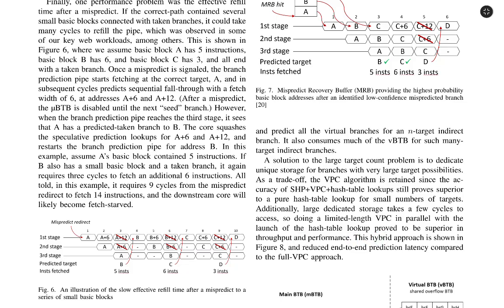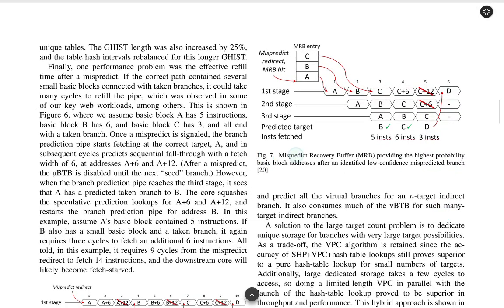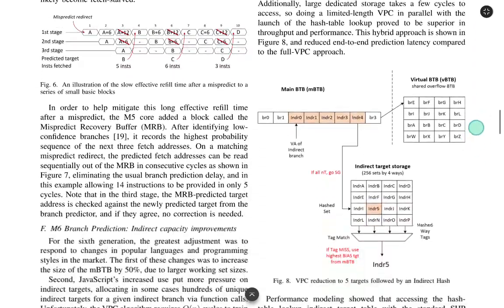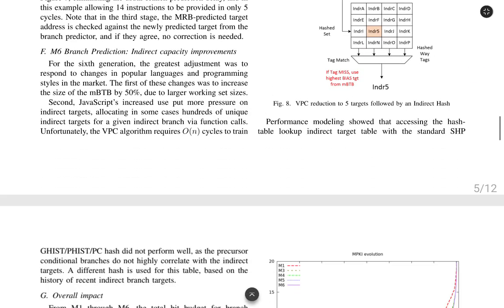The hybrid approach is shown in Figure 8 and reduced end-to-end prediction latency compared to the full VPC approach. Figure 7 is the mispredict recovery buffer MRB, providing the highest probability fetch block addresses after identified low confidence mispredicted branches. Figure 8 is the VPC reduction to a 5 target followed by an indirect hash.